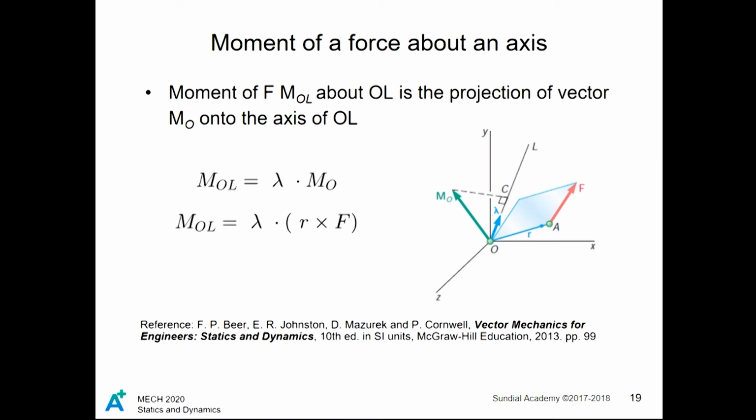So if I were to rewrite this equation in determinant form, I would have lambda x, lambda y, lambda z in the first row. The second row would be rx, ry, rz, and the third row would be fx, fy, and fz in determinant form.